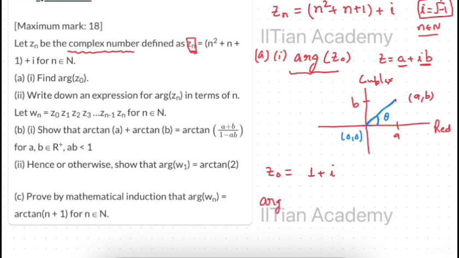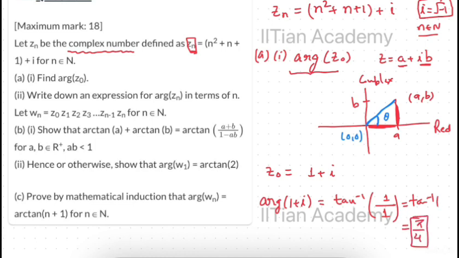The argument of 1 plus i is the angle tan inverse of the imaginary part over the real part, where the imaginary part has coefficient 1 and the real part has coefficient 1. This divided by this comes out to be tan inverse 1. So the angle is pi by 4, that is 45 degrees.